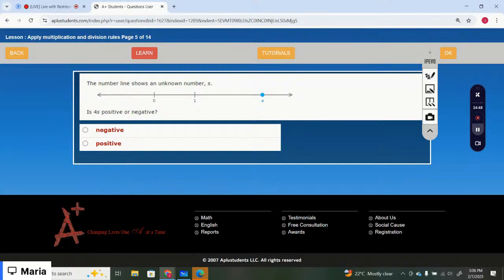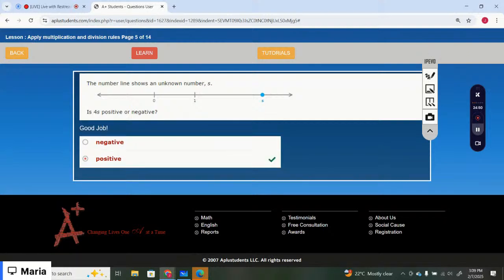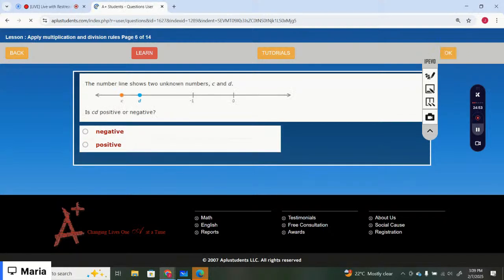Positive it is, because S is on the right hand side of the zero, so their product is also positive.